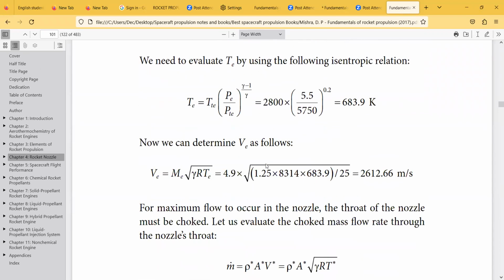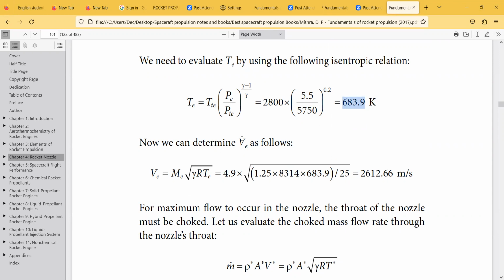Substitute those things, and then what you get is the temperature at exit. The inlet temperature is 2,800, but the exit temperature is much lower. You can observe a high temperature drop here from inlet to exit.